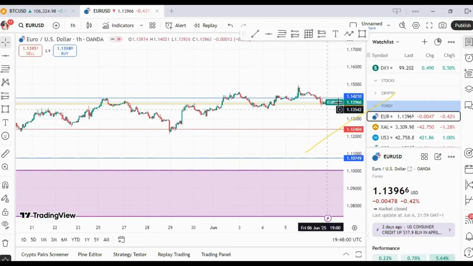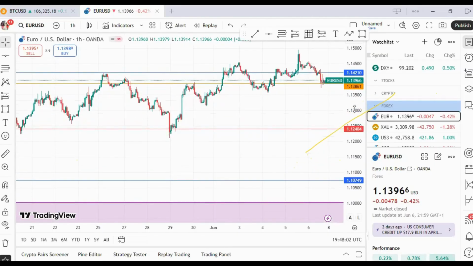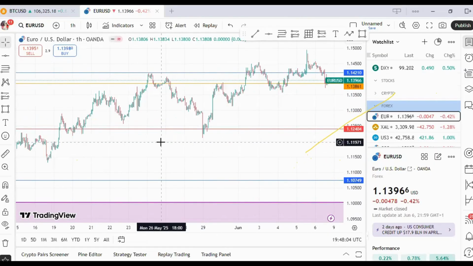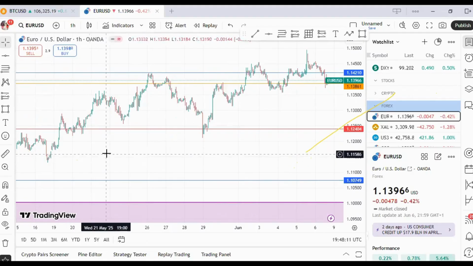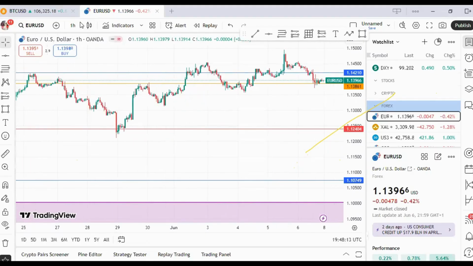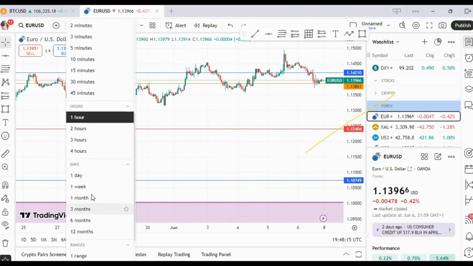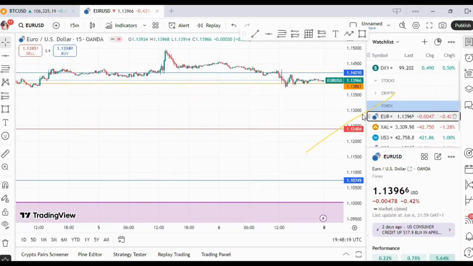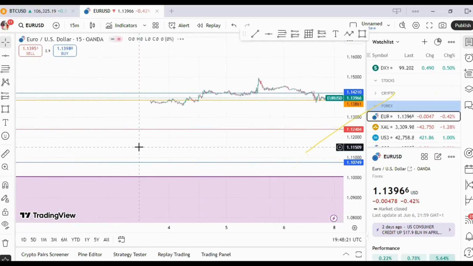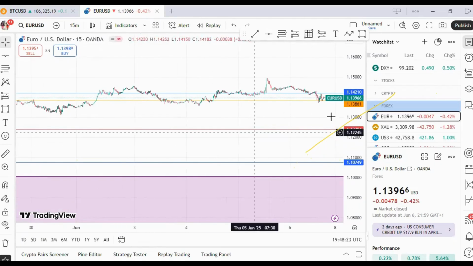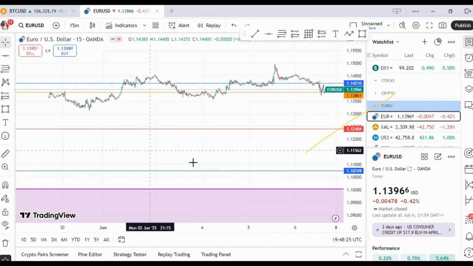What's the next time frame? 15 minutes. 15 minutes for entry. You can still decide to go below, like I said. Depends on you. All right, so now we have our markup.